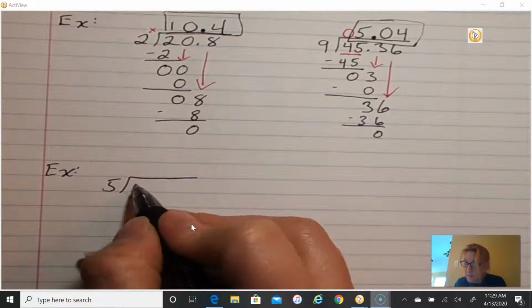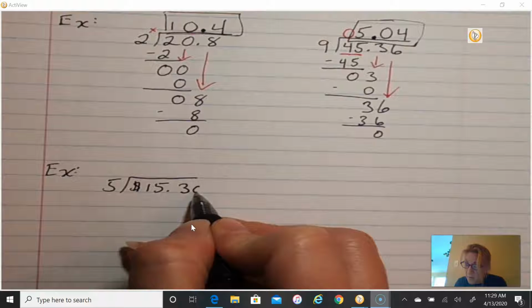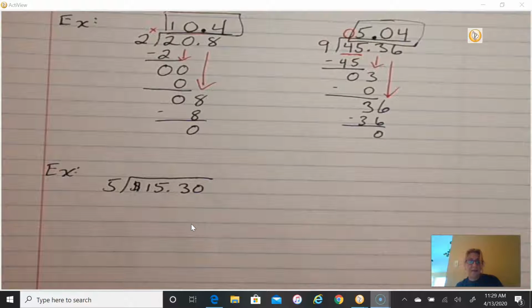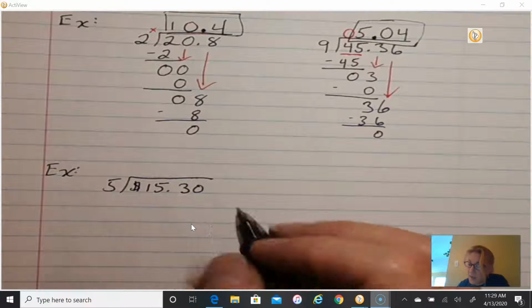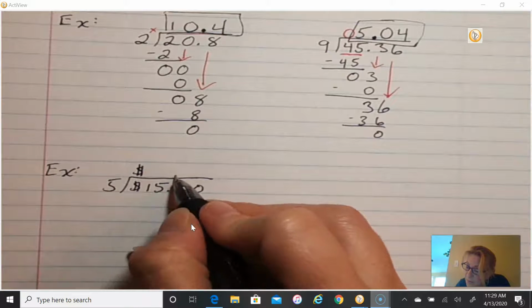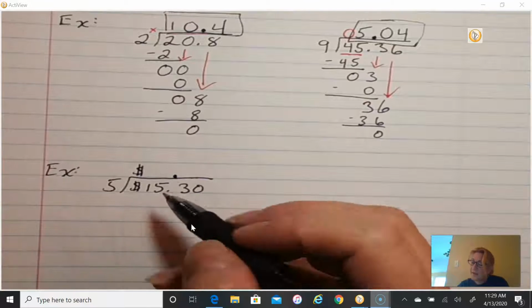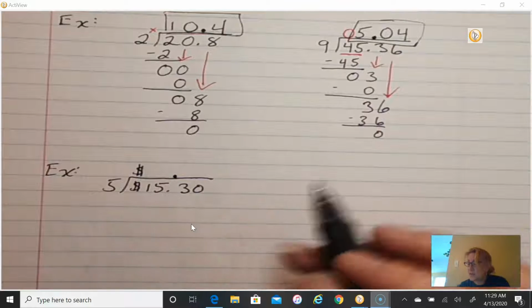Five going into 15.30. Okay, now this is money. All right, this is money. So you're going to put a dollar sign first and your decimal point. Okay, first thing you do. Now, can 5 go into 1?